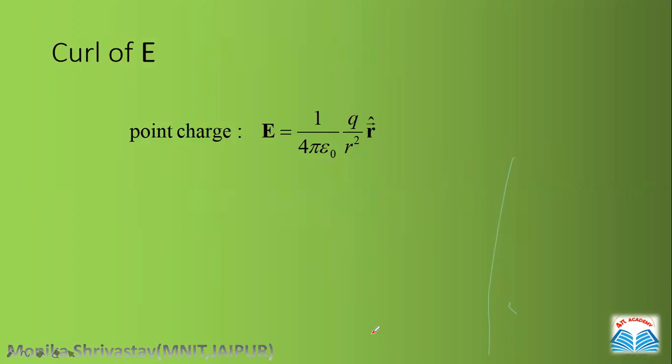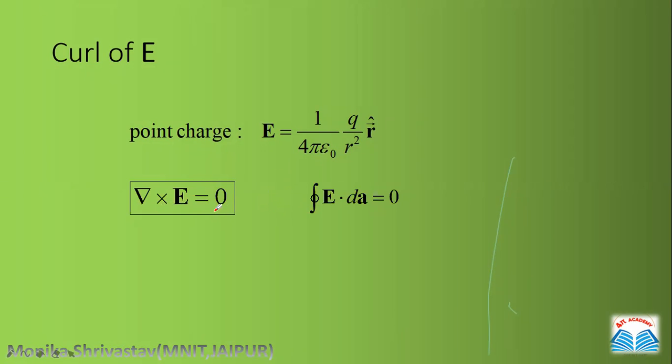For any point charge, the electric field E equals kq over r square in the direction of r cap. So we have a point charge q, and when we derive the curl of this electric field, we get the value 0. Del cross E equals 0.